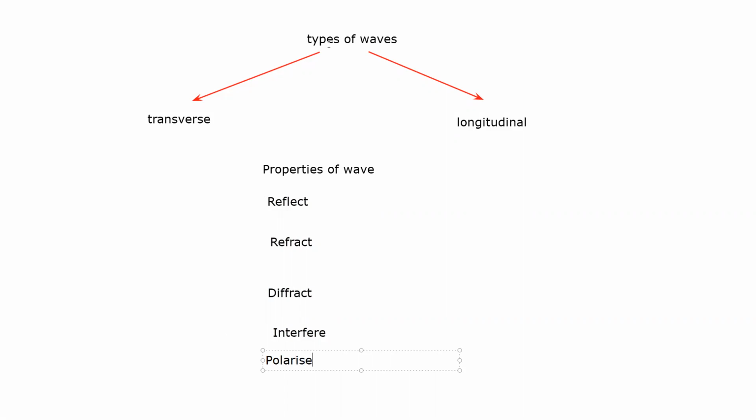These are some properties of the wave, but in O levels, you will only learn three properties: reflection, refraction, and diffraction. Other properties you will not learn in O levels.